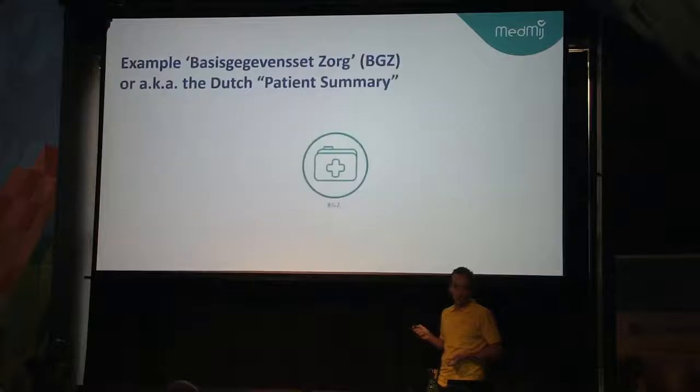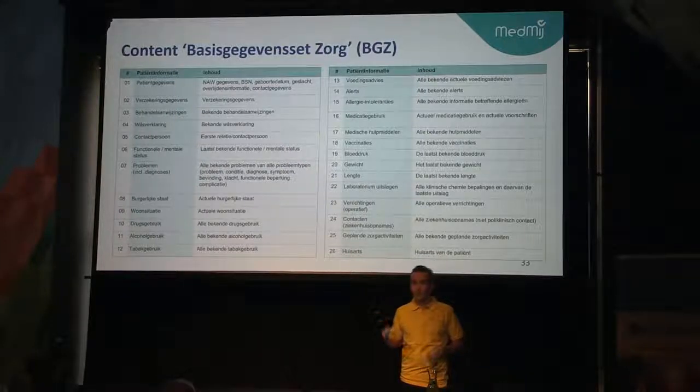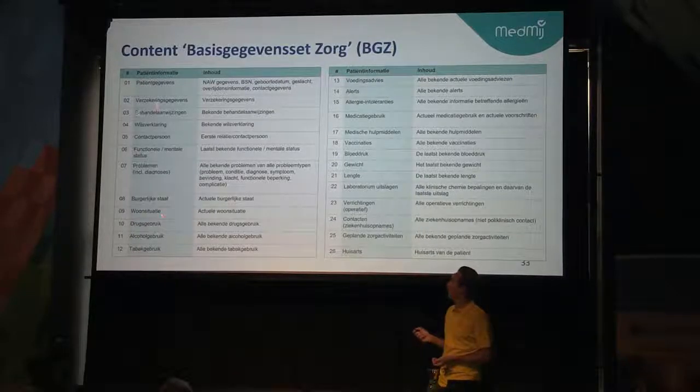So we'll just briefly go to how we made the BGZ work for MedMij, or the patient summary, the BGZ. Here you see the BGZ, it's in Dutch, but it's a data set of 26 healthcare information models. So on the top you've got patient data, which is the patient model, and it goes on.